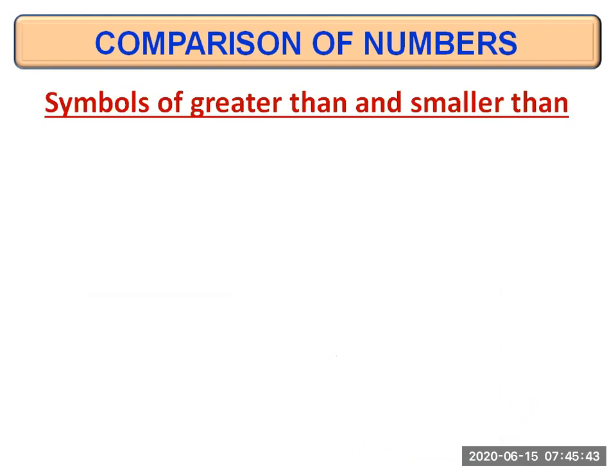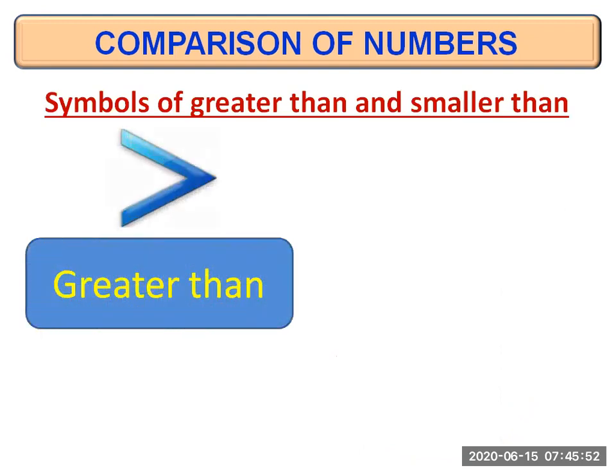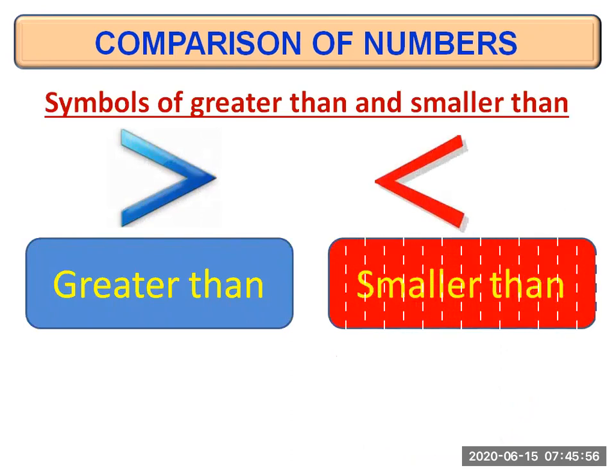Now, to show which number is greater and which number is smaller, we use some symbols in mathematics. This in front of you is the symbol of greater than, whereas this one is the symbol of smaller than, right? If we look closely and remind that old story of the big, huge, hungry alligator who always wants to eat the bigger amounts.